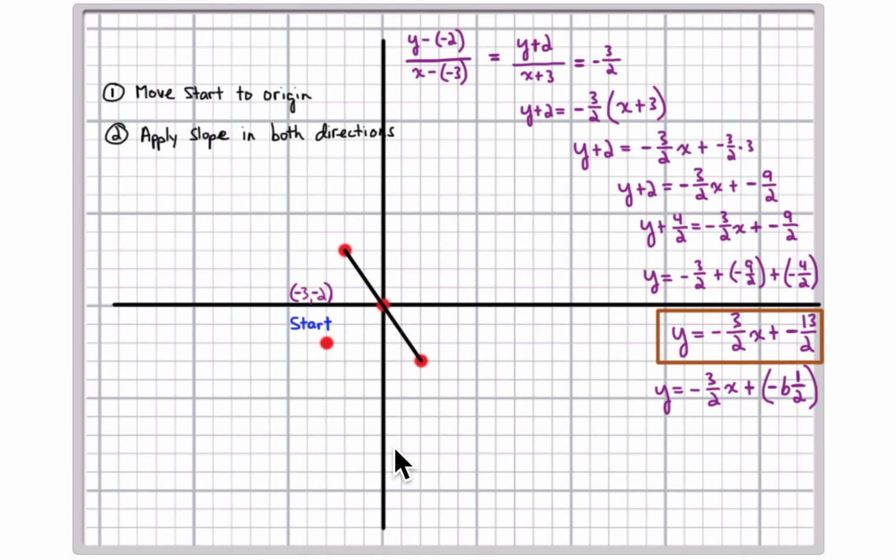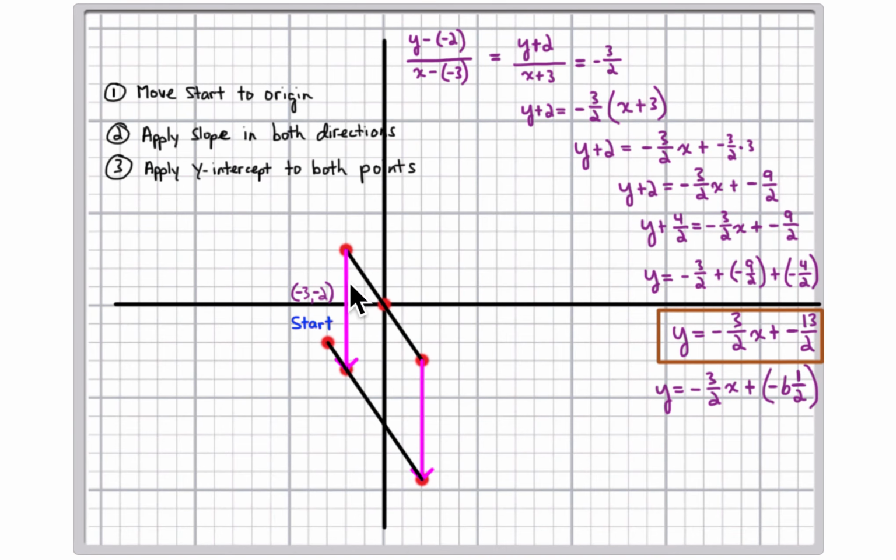So this point goes here, it's a negative 6 1/2 units, and this point moves negative 6 1/2 units this way to here. Connect the points, and here's the start. The start also has to be on the line. So apply the y-intercept to both points.